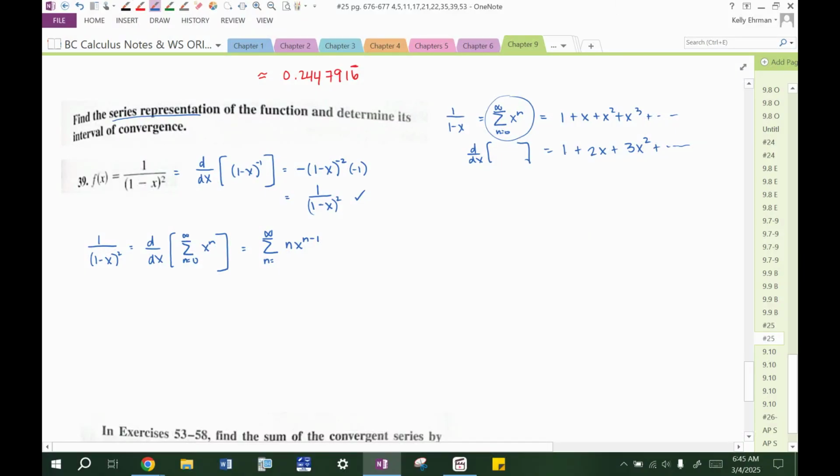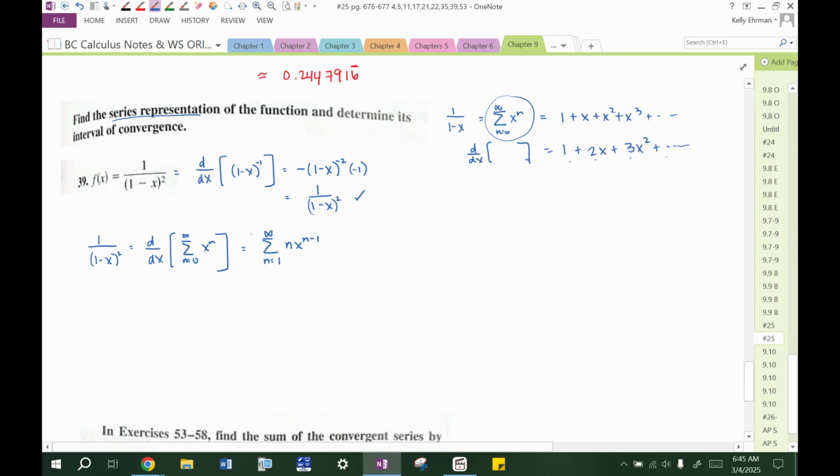It shouldn't be something over x. So if I start this at 1, I will get 1 times x to the 0. And then if I plug in 2, I get 2 times x to the first. So see how this series matches up with what the terms should be. So if you're having trouble writing the series, expand out the terms of the original series, take derivatives of those terms to see what you should be getting, and then adjust your n accordingly.